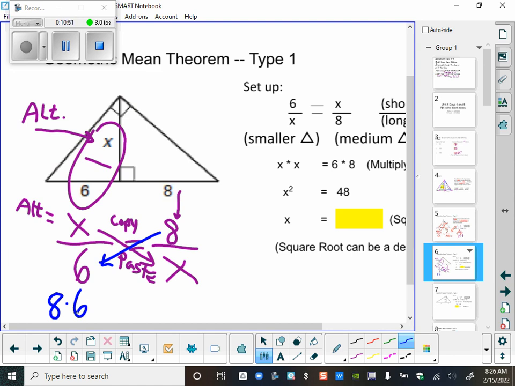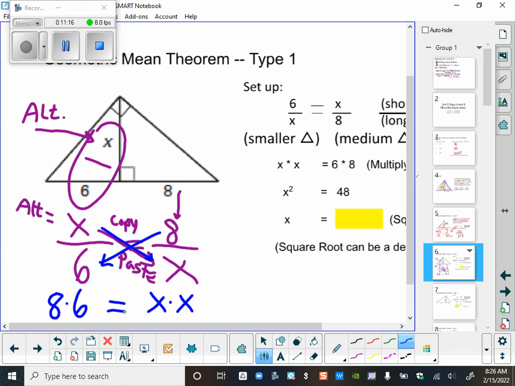And then, you're still multiplying x times x. So basically, we're back to this line here. Because 8 times 6 equals x times x. Is that the same as x times x equals 6 times 8? It is.